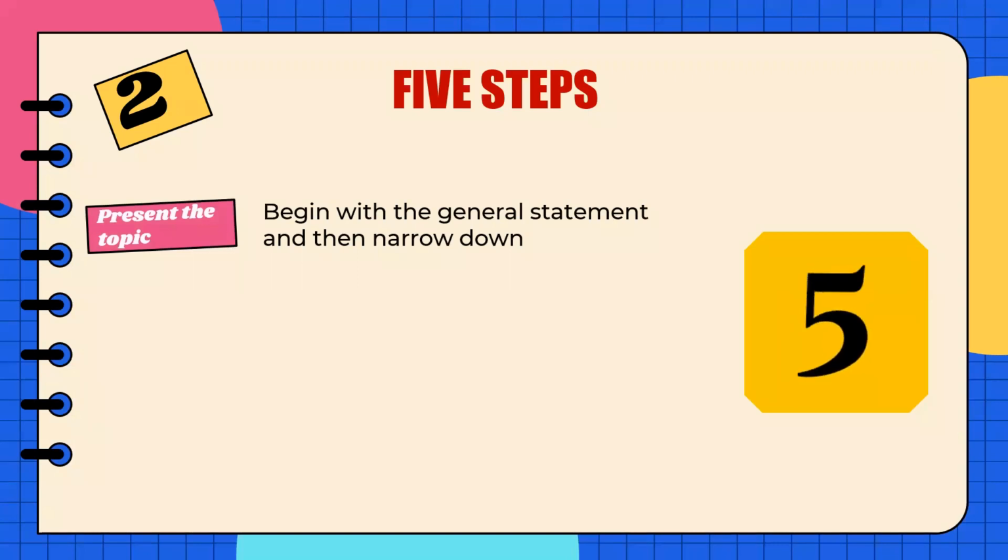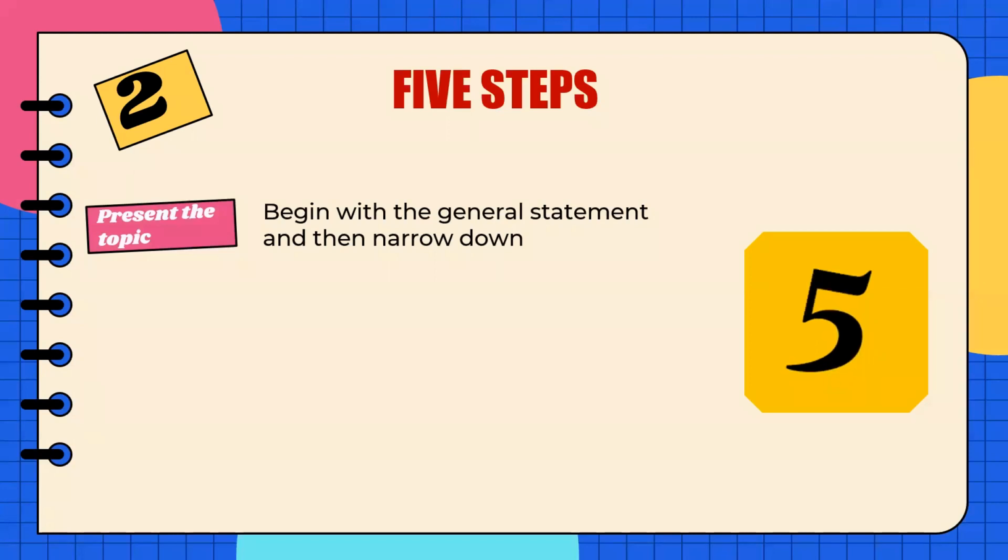So we begin with the general statement related to the topic. That is a statement that is universally acceptable and universally agreed upon by all. And then we narrow it down. That is, we try to talk about our opinion over here.